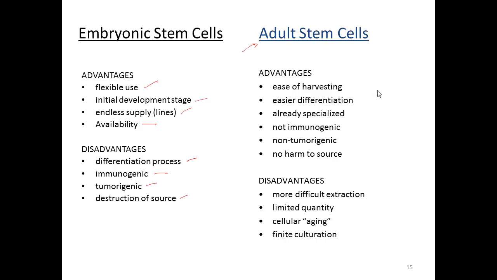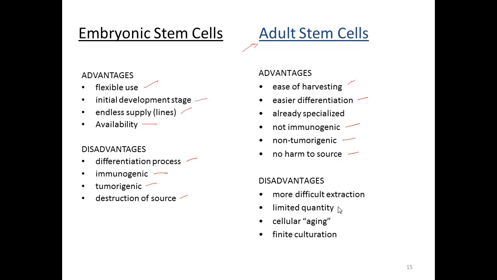Adult stem cells can also be relatively easy to isolate. Because they're already along the way to differentiation, we have somewhat greater success in getting them to turn into different types of tissues. Because you might be isolating them from you, they're not going to be immunogenic. They're less likely to be tumorigenic because they don't have the infinite replicative potential, and there's essentially no harm to the source material.